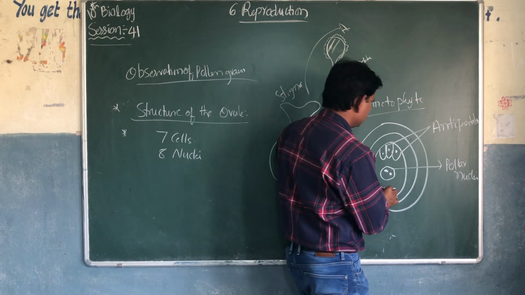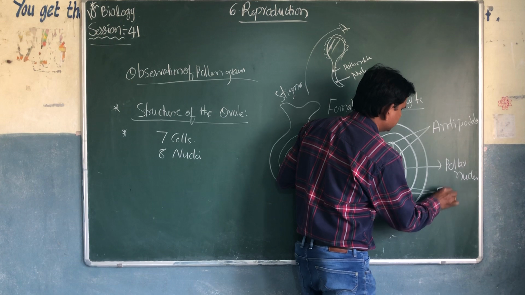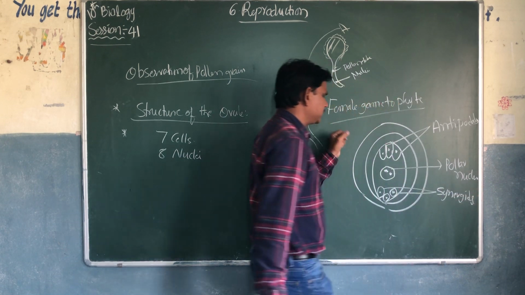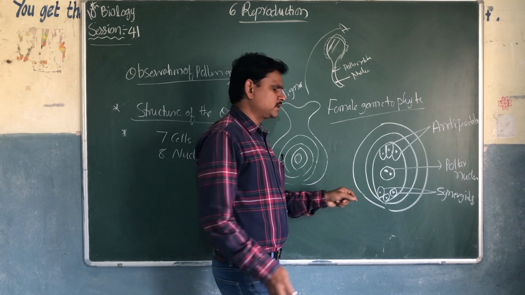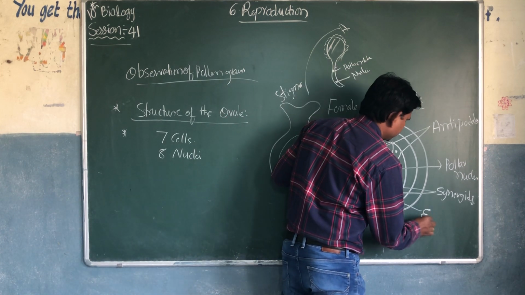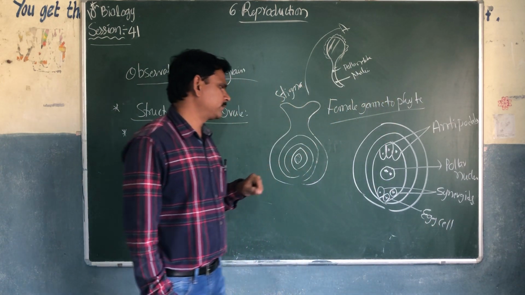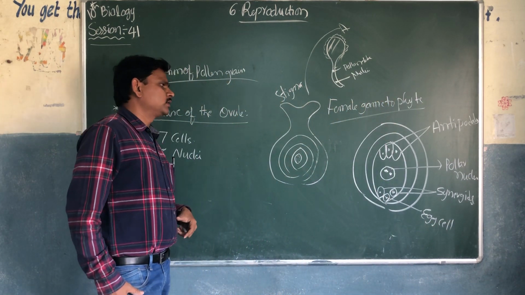These two are called synergids. This is called the egg cell.